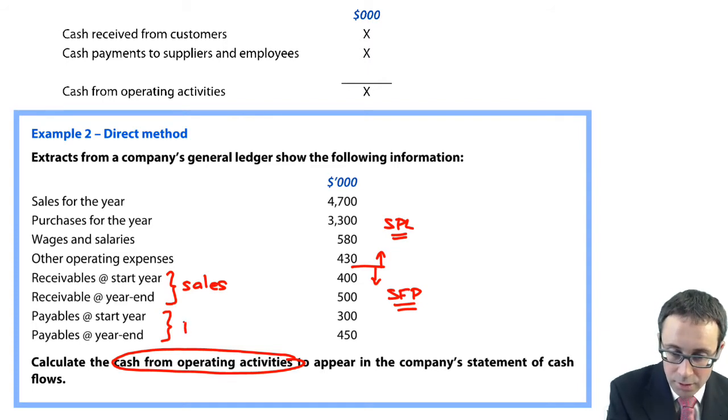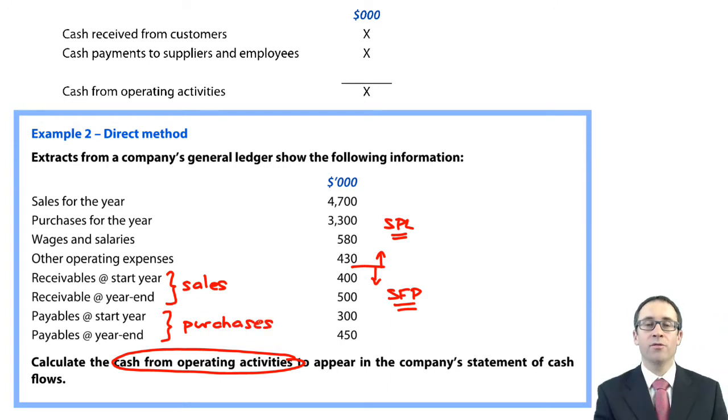And then your payables you can link into your purchases, and once you have that, you can work out the cash payments that you've made to your credit suppliers. The other figures that you've got are your wages and salaries and your operating expenses. There's no opening and closing figures, so no opening accrual, no closing accrual, no opening prepayment or closing prepayment. The expense that you have is the cash outflow.